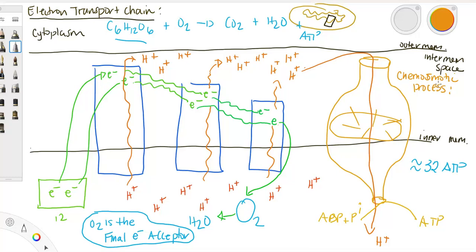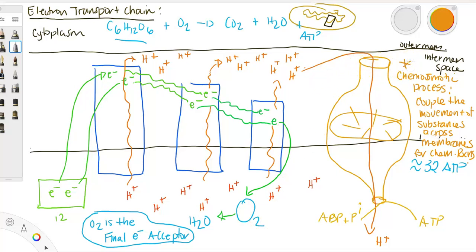And basically, the chemiosmotic process couples the movement of substances, in this case the hydrogen, so the movement of substances across membranes, for chemical reactions.